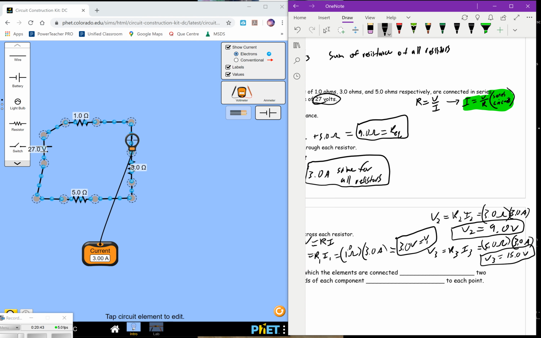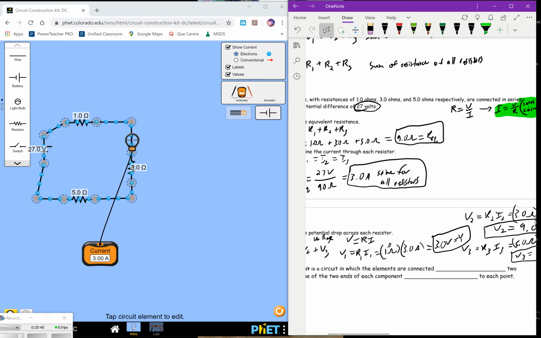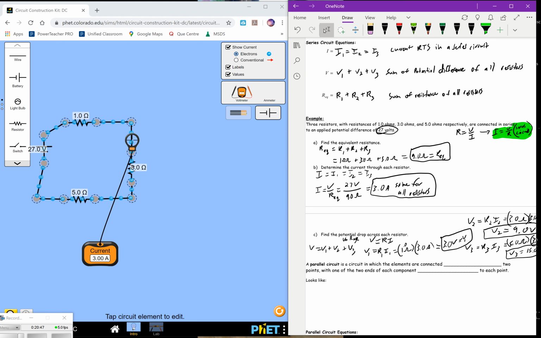Those are our 3. Now, according to Ohm's law, 27 volts at the source should equal the total of each of these, 3, 9, and 15. And 3 plus 9 is 12, and that's 27 volts equals 27 volts, so that checks out.